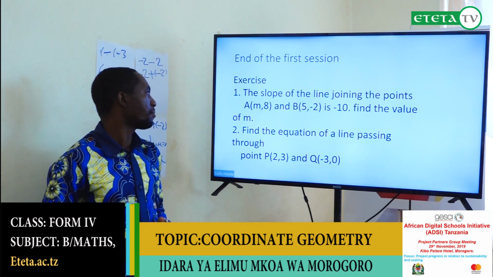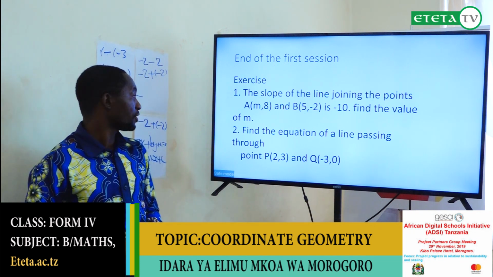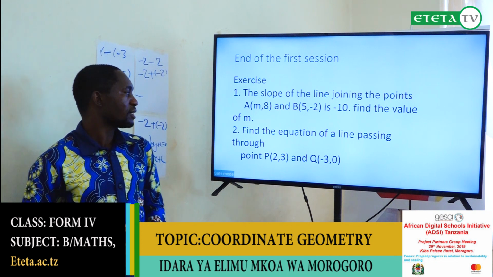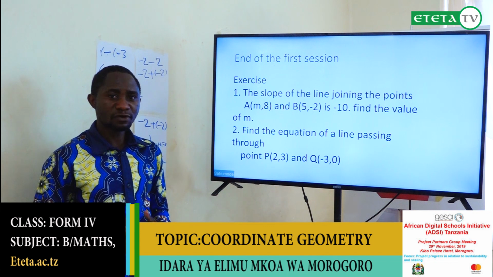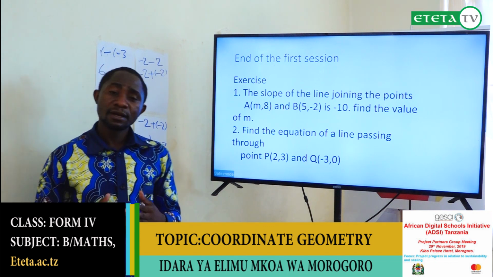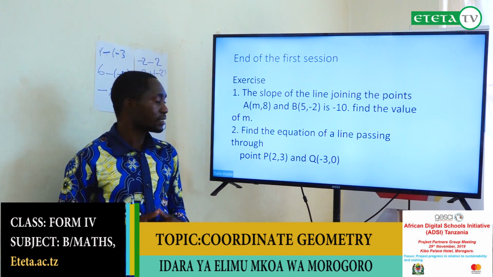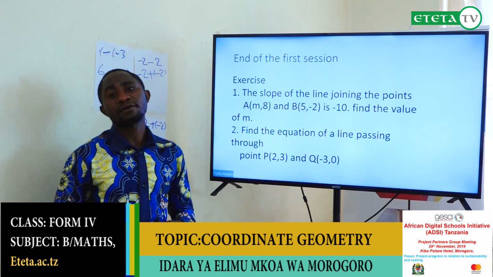Find the value of m. Second question: find the equation of the line passing through point P(2, 3) and point Q(-3, 0).